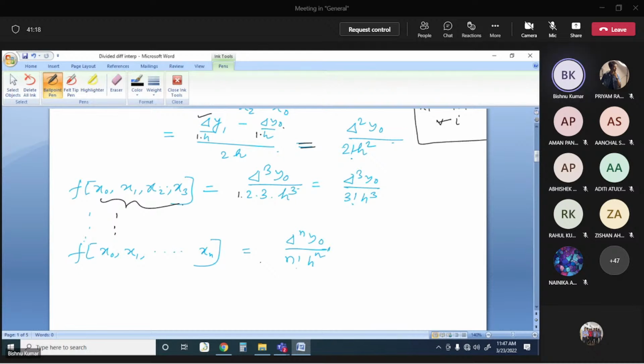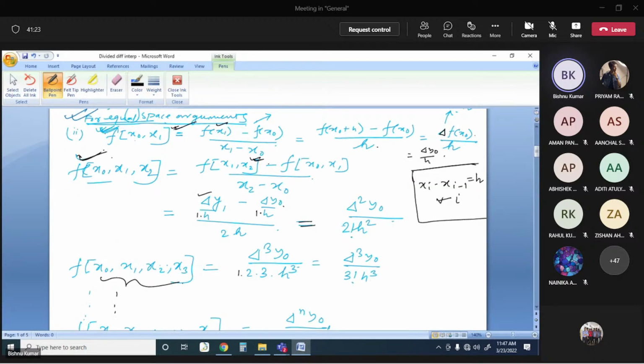In that way, for equispace arguments, the divided difference is linked with the forward difference operator. These values are nothing but the upper diagonal elements in the divided difference table. In the Newton divided difference interpolation formula, you just use these upper diagonal values.